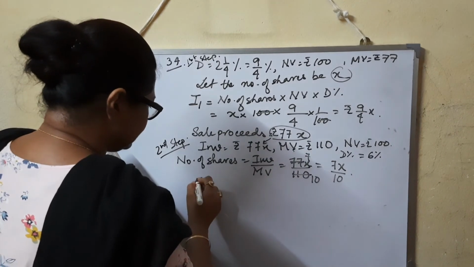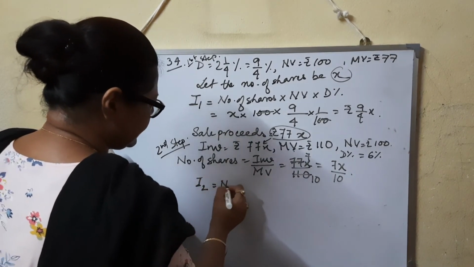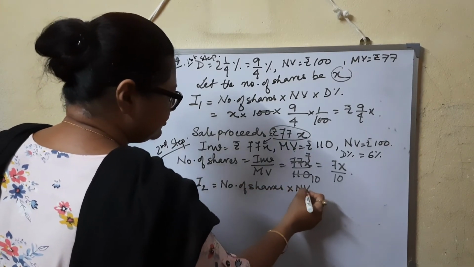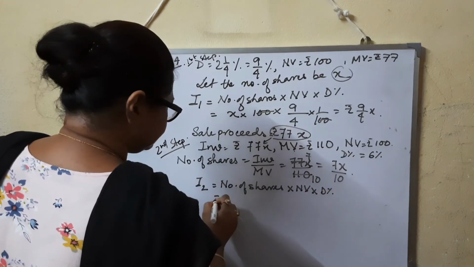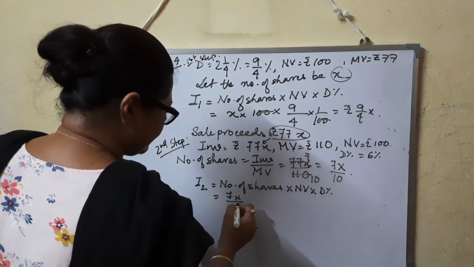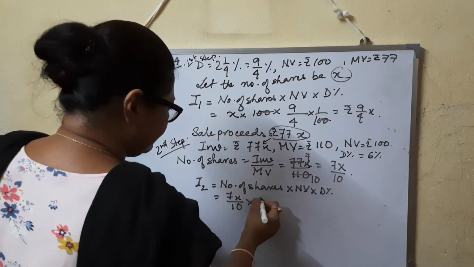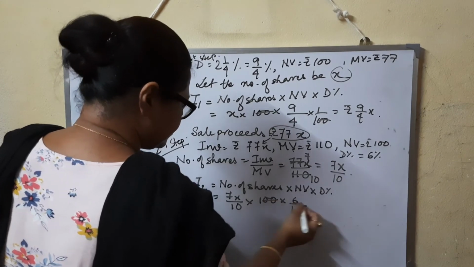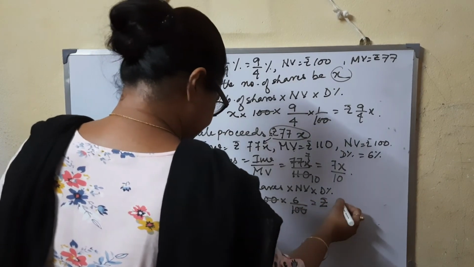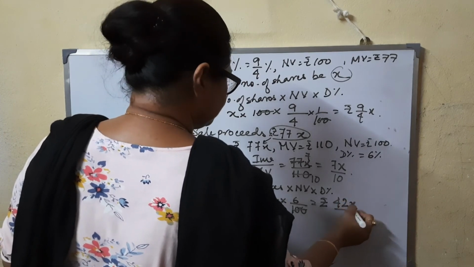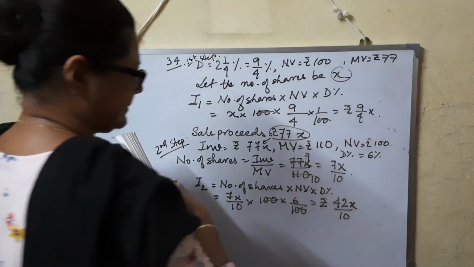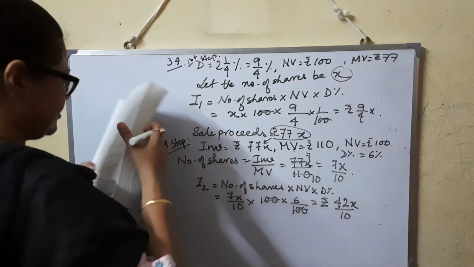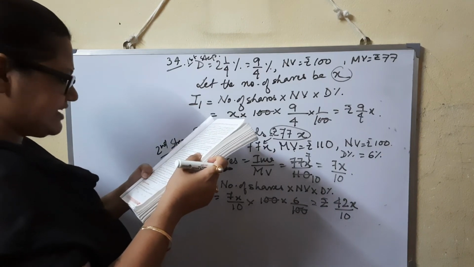That means the second income is number of shares into nominal value into dividend percent. So 7x by 10, this is the number of shares, into nominal value 100, dividend percent 6 by 100. So how much do we get? 42x by 10. Now according to the question, this is more than the first by 117 rupees.